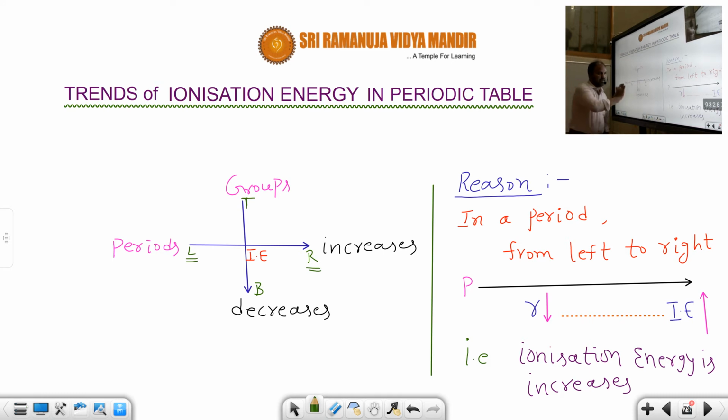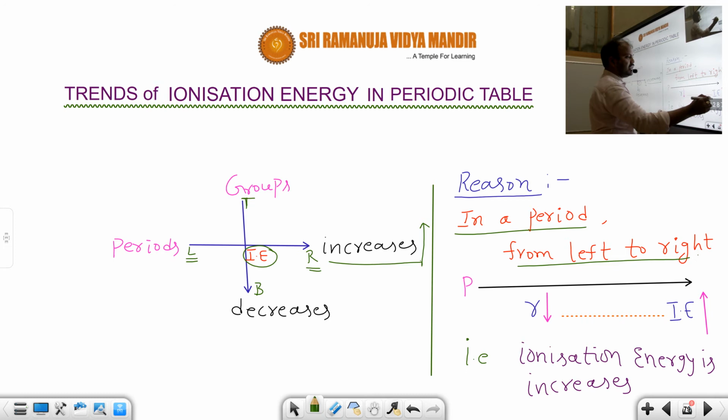So in the periods, from left to right, ionization energy values increase. Why do ionization energy values increase in the periods from left to right? We know that going from left to right in the periods, atomic number increases.